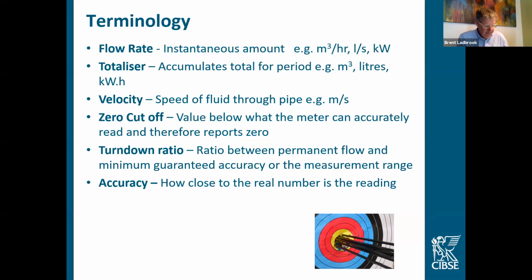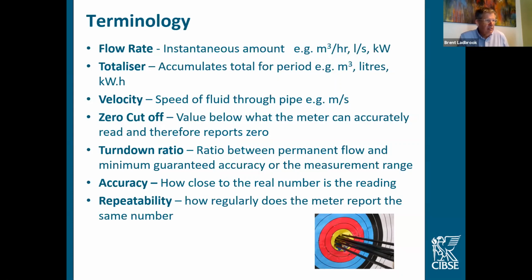Accuracy is often talked about. Accuracy is really how close to the real number the reading is. You see there with our archery target, accuracy would be we're getting bullseyes every time. If that was spread out, then our repeatability wouldn't be so good, so we're getting a different number every time. But if all of those arrows were grouped together, say, over here on the right-hand side, we would have very good repeatability, but we wouldn't have very good accuracy because we're not hitting the bullseye.